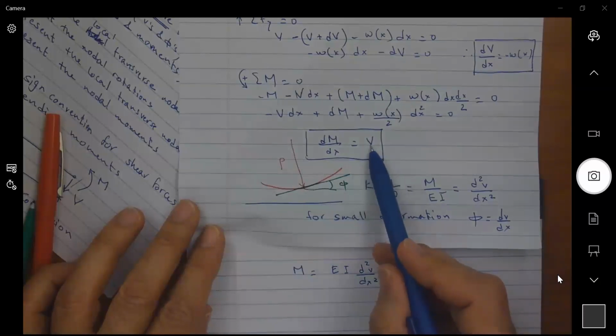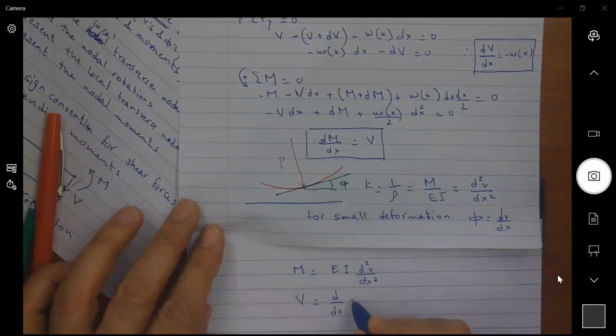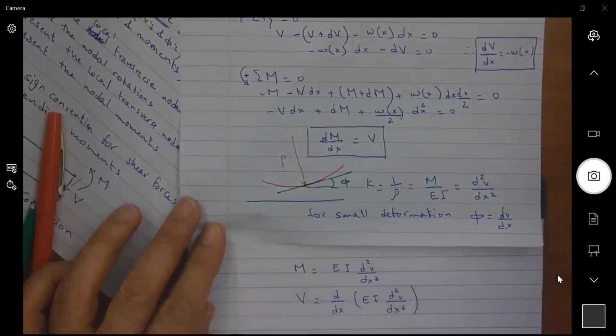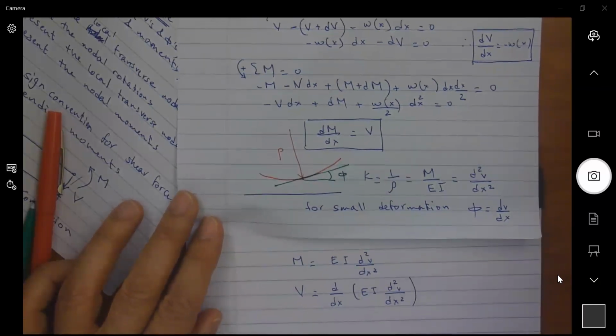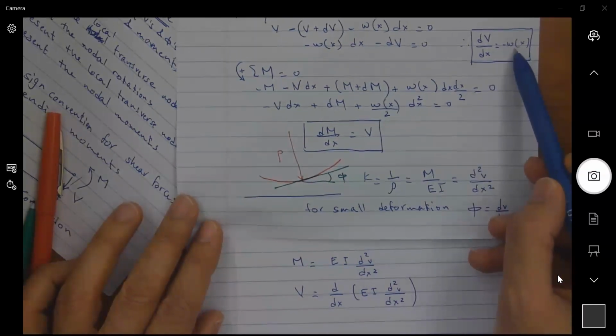Now, V is equal to dM by dx. So if I solve for V, basically taking the derivative of EI d2 small v by dx squared. Now, the derivative of V is equal to minus W of x.